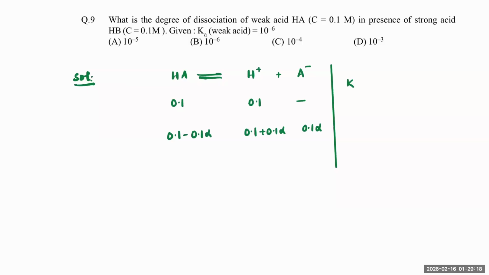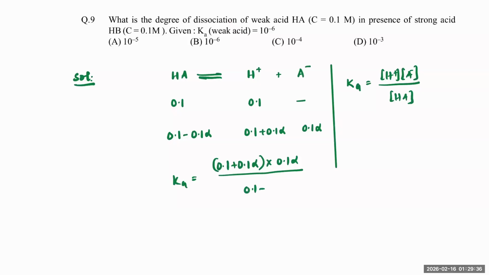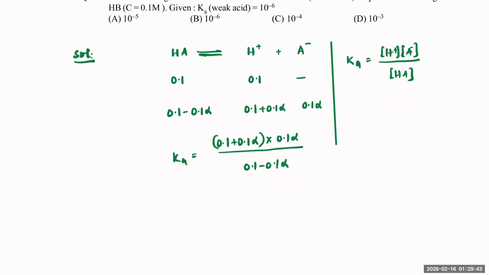So now Ka value will be equal to H plus concentration into A minus concentration upon HA concentration, which I can write as 0.1 plus 0.1 alpha into 0.1 alpha divided by 0.1 minus 0.1 alpha. So based on the given equation, it is clear that this 0.1 alpha has to be very, very small because of the common ion effect.